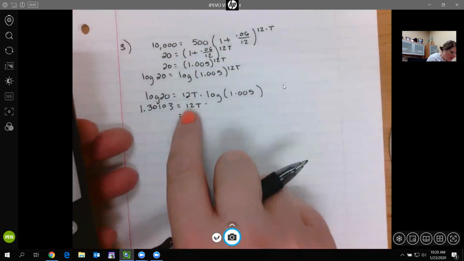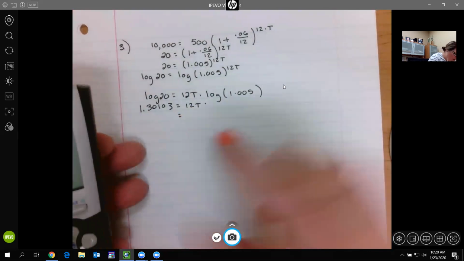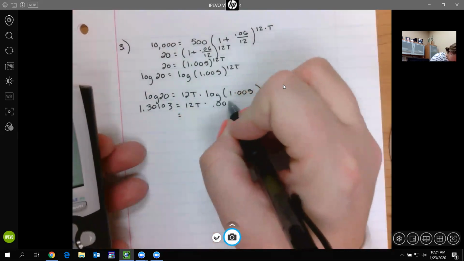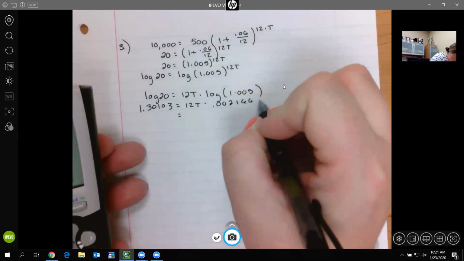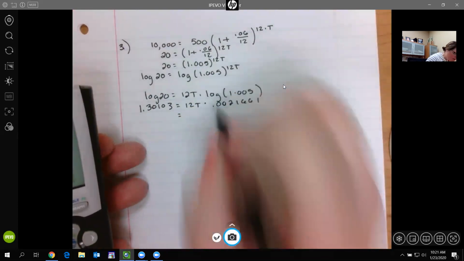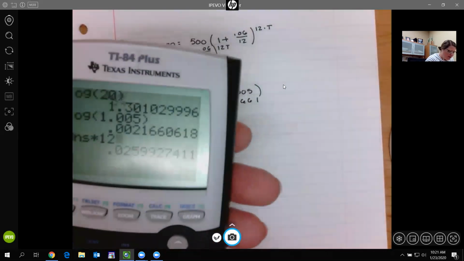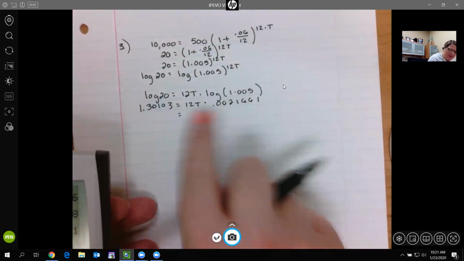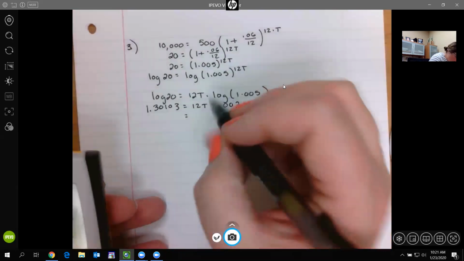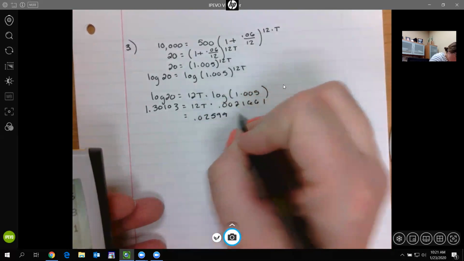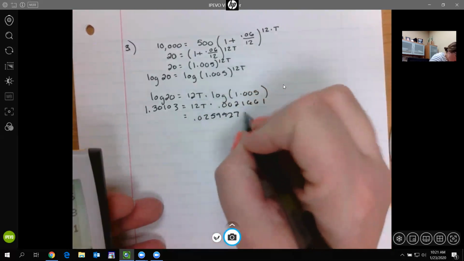I'm going to actually multiply it by 12 also, so I'm going to leave it in the calculator handy. 0.0021661. I went out a couple extra places on that one. I'm going to multiply it by 12 so that I get what those two numbers are together. And now I'm going to have 0.0259927t, and this one's 1.30103.